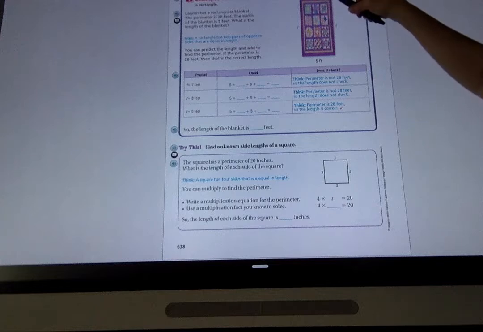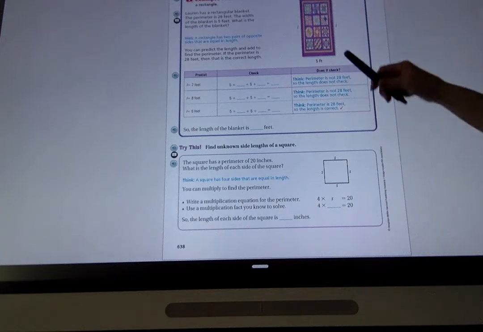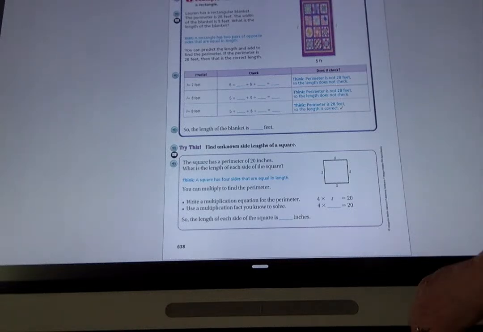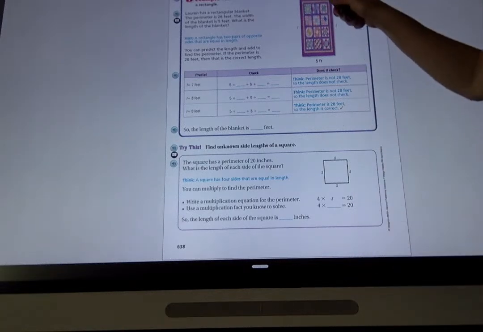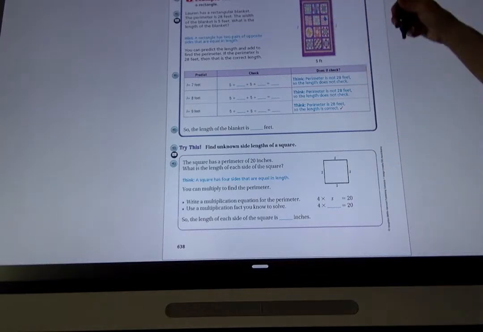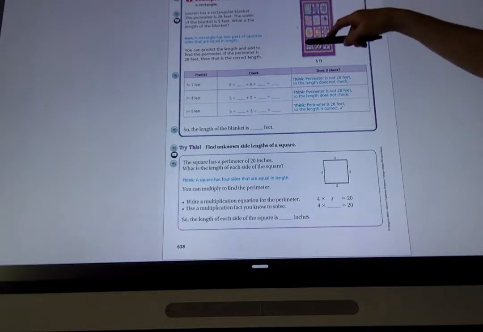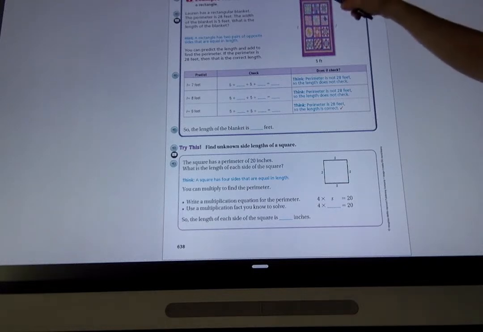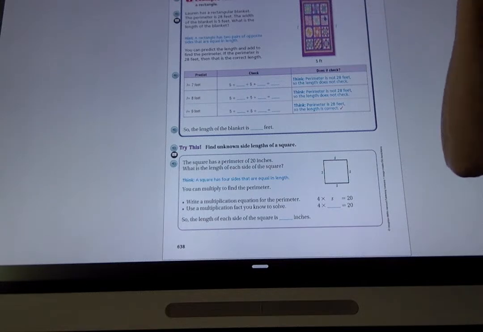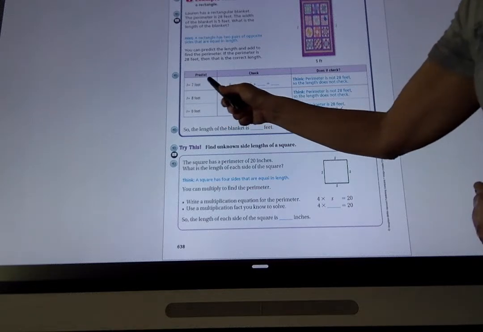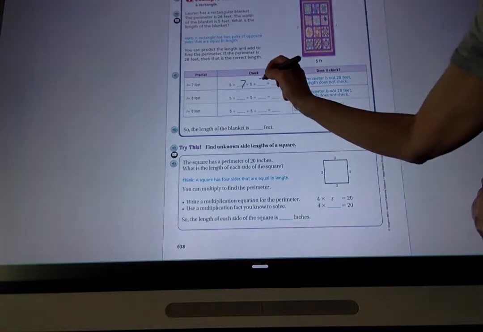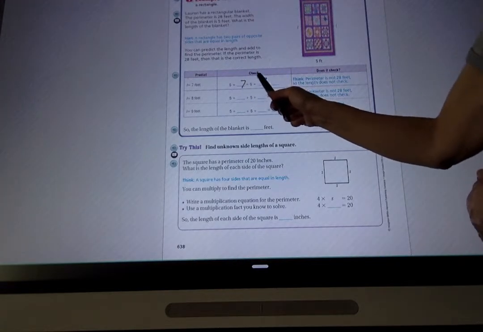Lauren has a rectangular blanket. The perimeter, that's the distance around, is 28 feet. The width of the blanket is 5 feet. What is the length? Well, 5 plus 5 is going to be, let's see. If our length is 7 feet, 5 plus 7 plus 5 plus 7 would be 24.